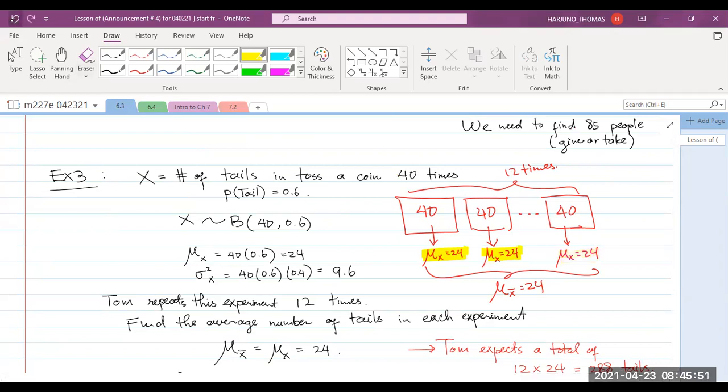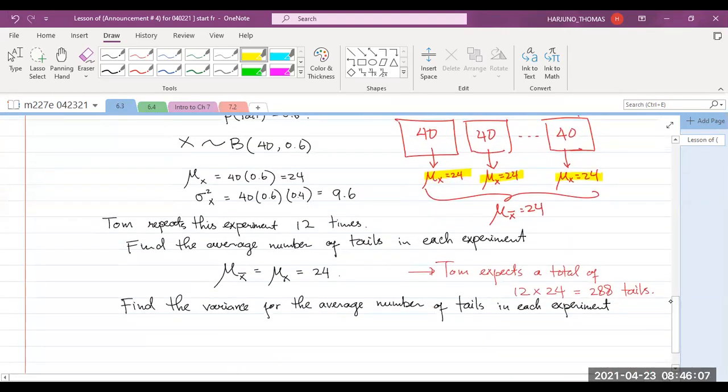But in reality, the number of tails may be 24, maybe 25 in the next experiment, maybe 26 in the next experiment. So it's 24, give or take, right? Now the thing is, how will that vary?